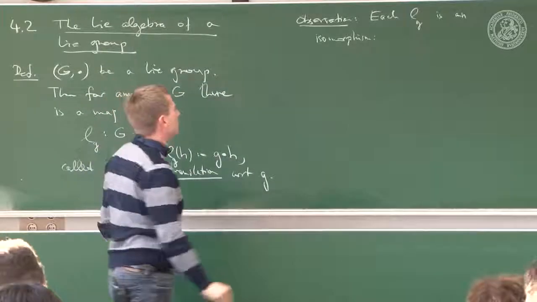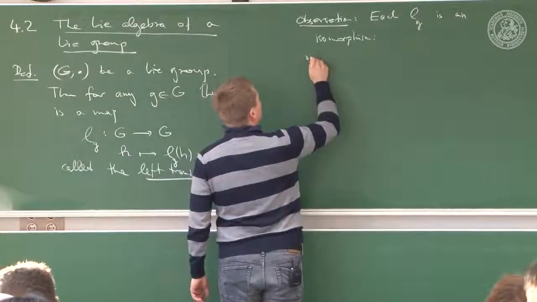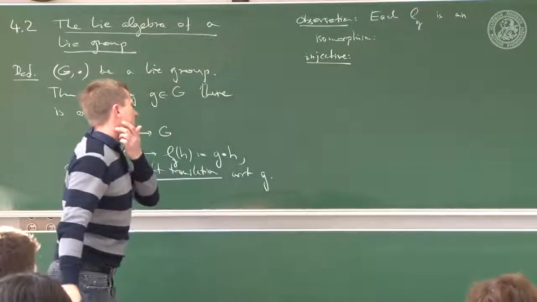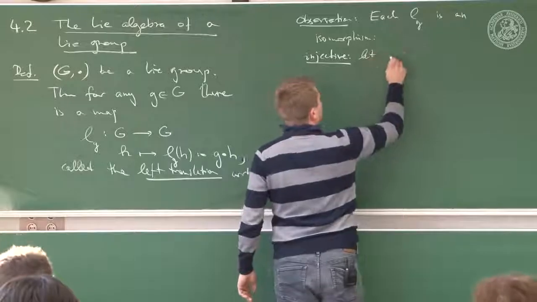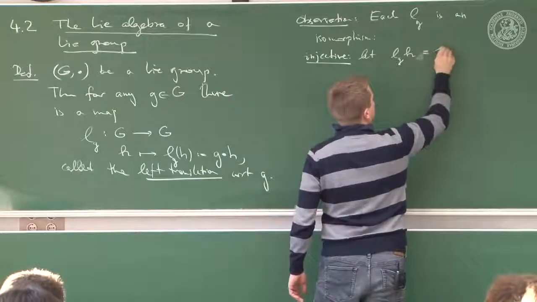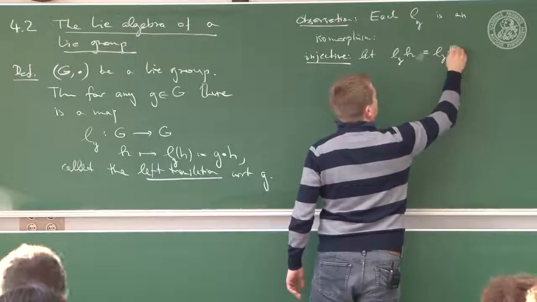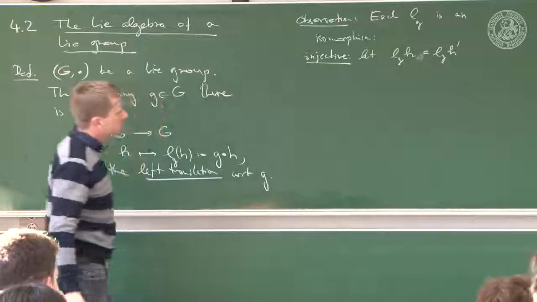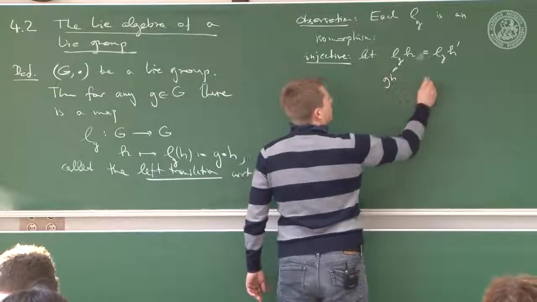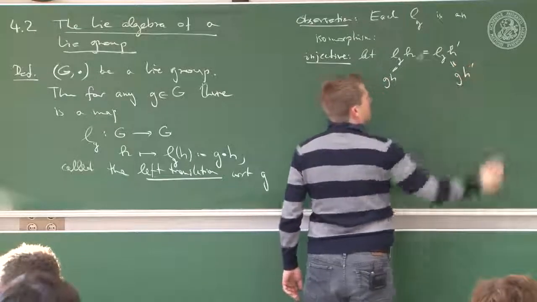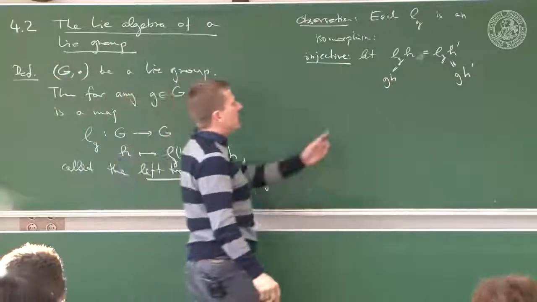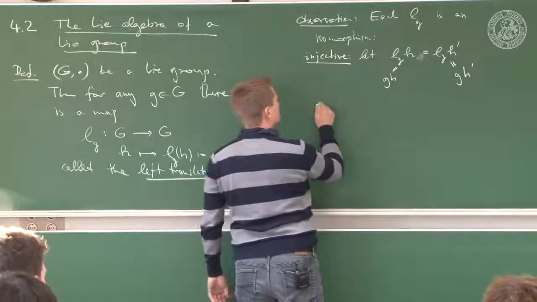So why is this? Well, it's certainly injective. Why is that? Or how do we check this? Well, let L_g act on an h and assume the result is the same as if it acted on h prime. Now, this, of course, is gh, and this here is gh prime. Now, because capital G is a group, for every element there exists an inverse.